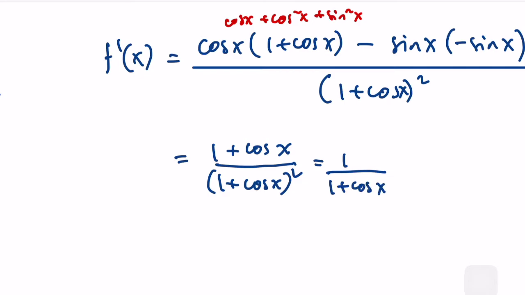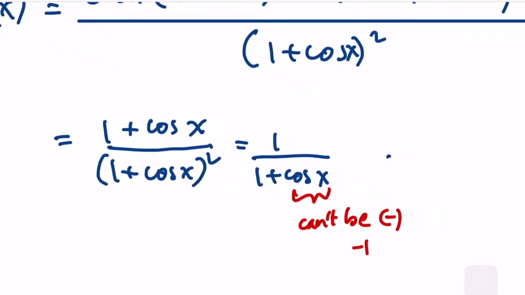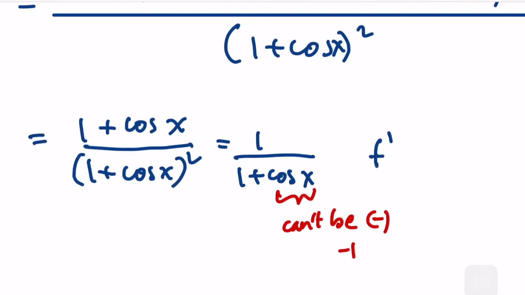So I can take this in terms of 1 over 1 plus cosine x. Okay, if we look here, notice that cos x can't be negative 1 because it will make the denominator 0. So we can be pretty sure that f prime x, or the first derivative, is always positive.